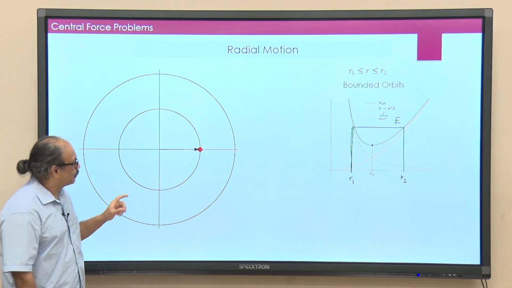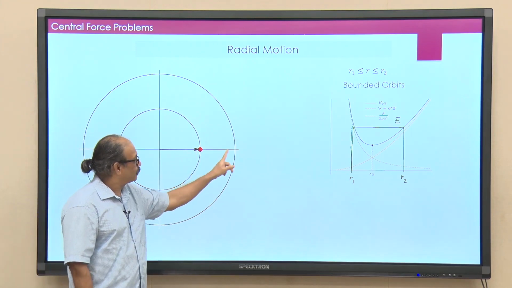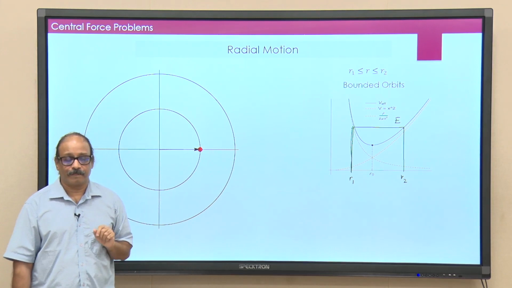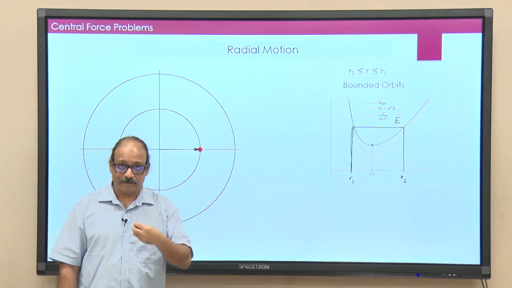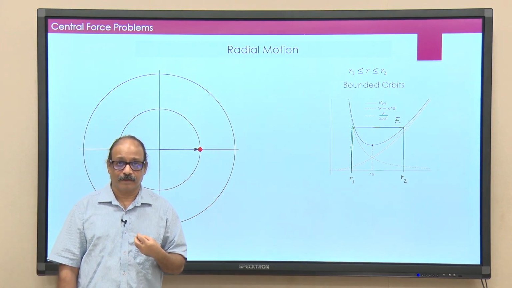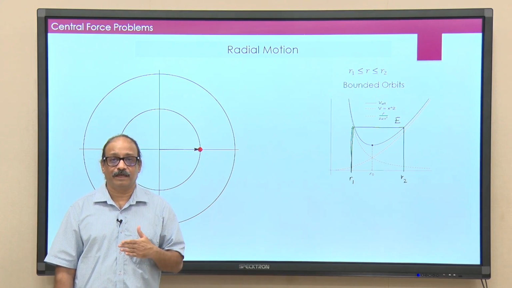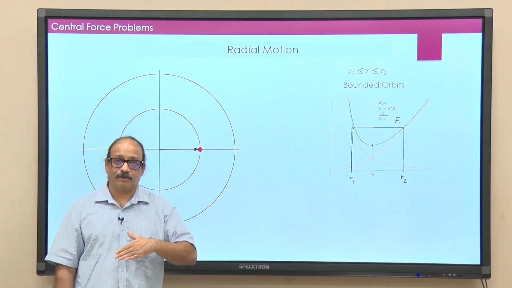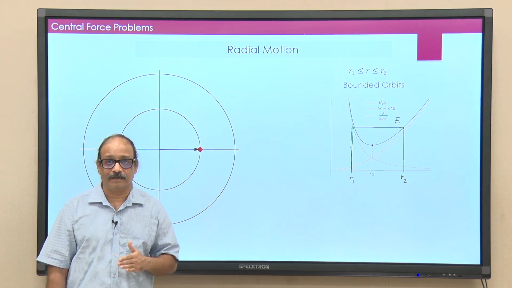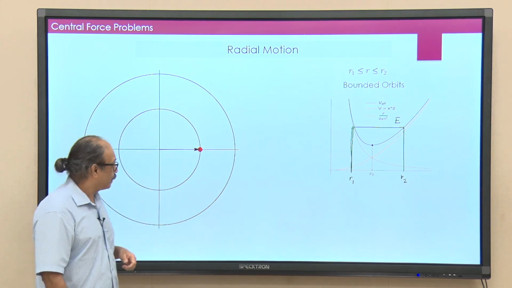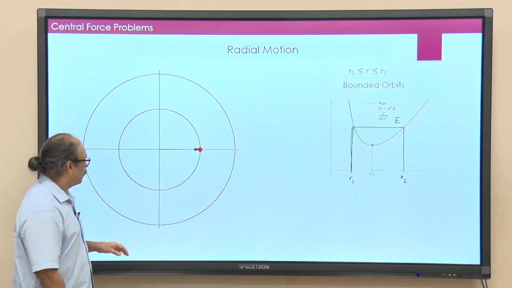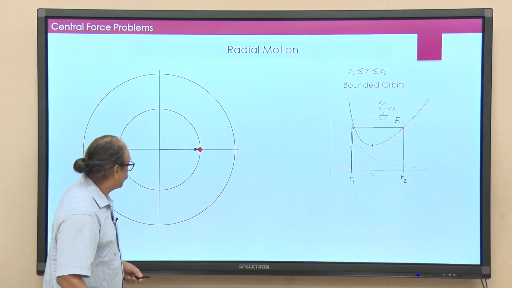And remember, what it is doing is fluctuating between r1 and r2, but as it fluctuates between r1 and r2, what is happening to the theta variable? Remember, theta is also either increasing or decreasing. So, for argument's sake, let us say that it is increasing, and if it is increasing, then how would the motion look?